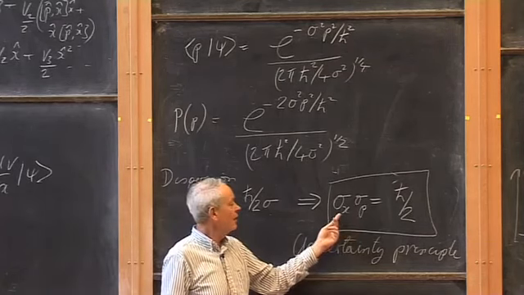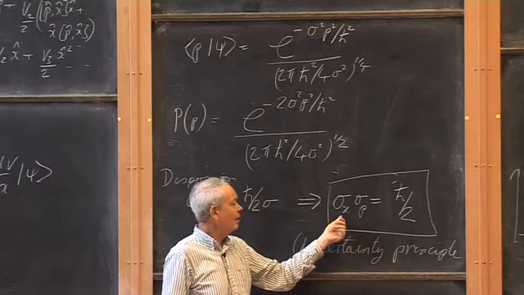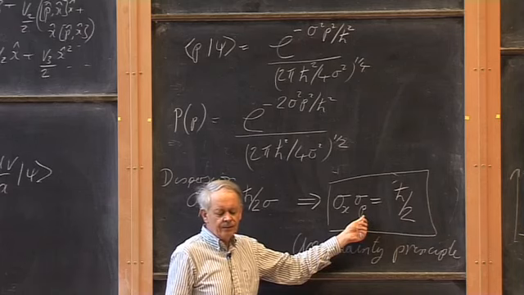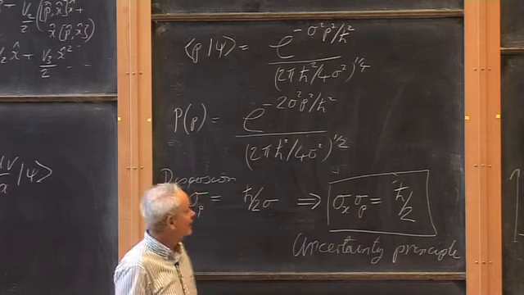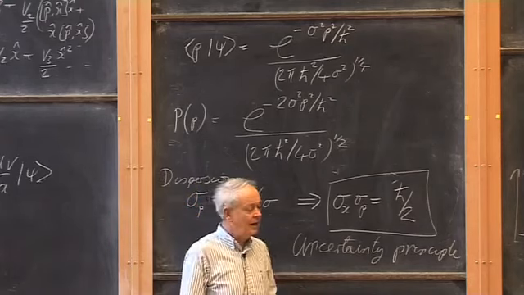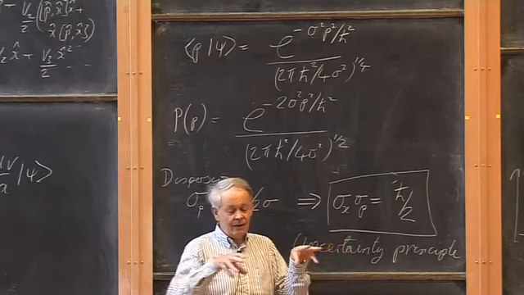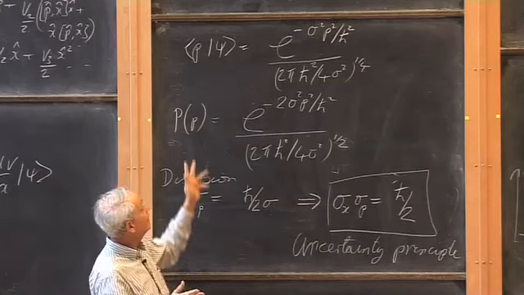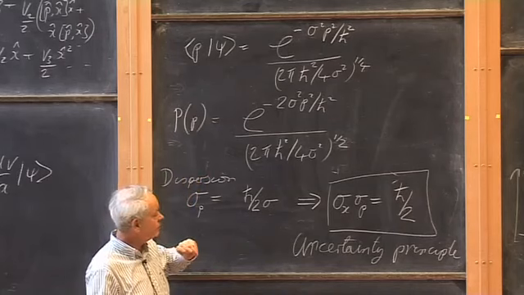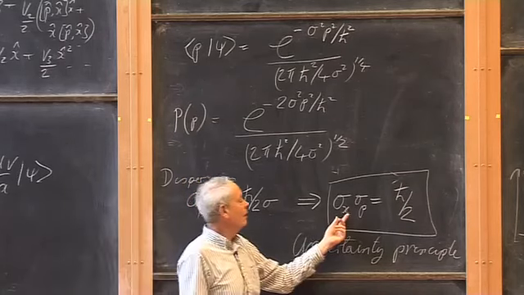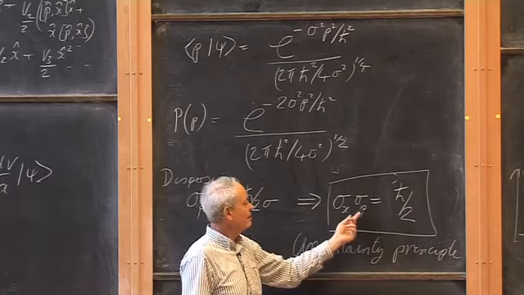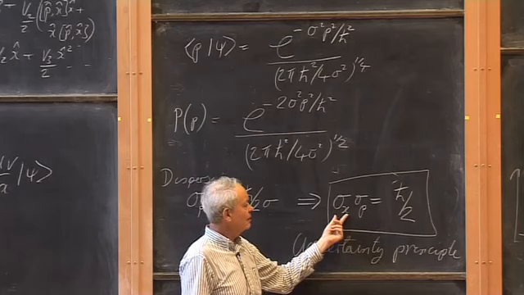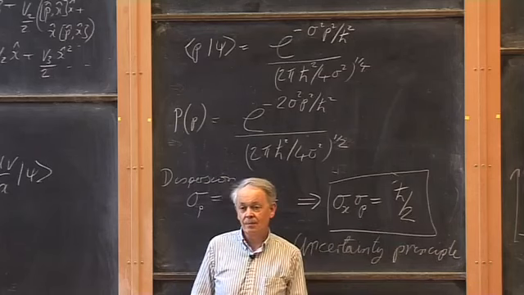This is not the uncertainty of a measurement in x and then the uncertainty of the following momentum measurement. This is a statement about if I have a large supply of electrons, different electrons, set up so that they're pretty much in the same wave function, and I choose to measure the momenta of half of them, I'll get a dispersion sigma p, and if I measure the positions of the other half of them, I'll get an uncertainty sigma x, which satisfies this relationship.